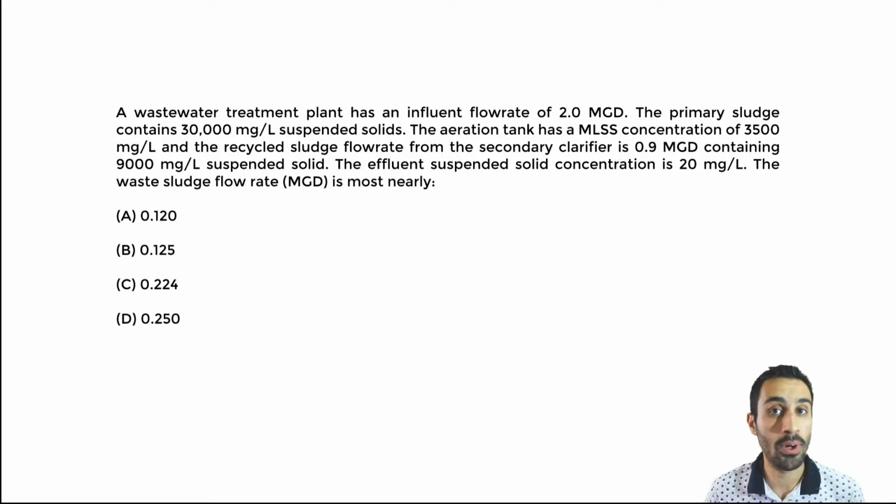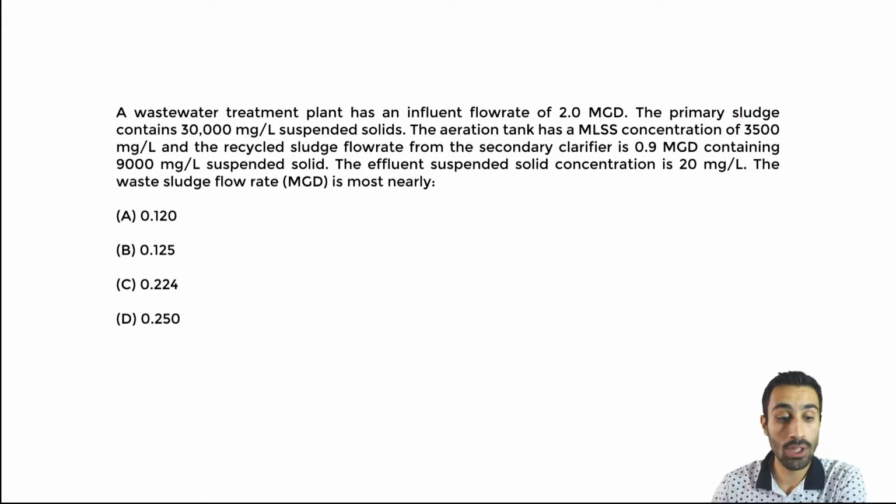Okay, let's read this problem statement. We're told a wastewater treatment plant has an effluent flow rate of 2 mgd, million gallons per day. So in the US, these are the units. For wastewater treatment, we usually have these in million gallons per day. Those are the common units.